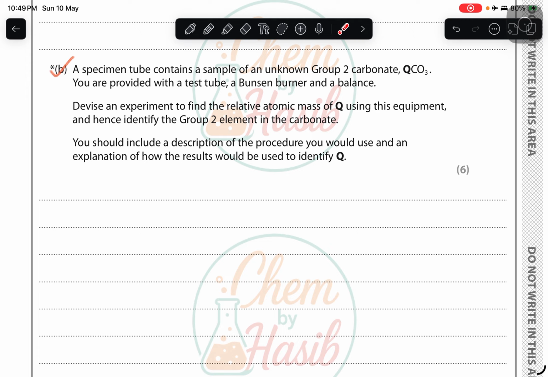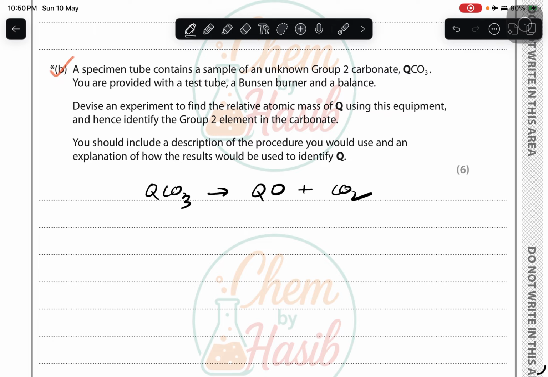you subtract the final mass from the initial mass. See, when we heat QCO3, it produces QO and carbon dioxide, right?